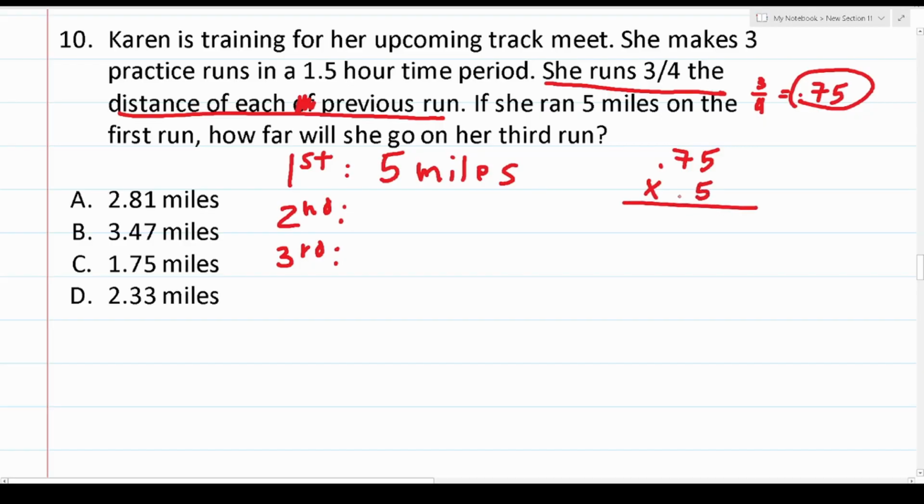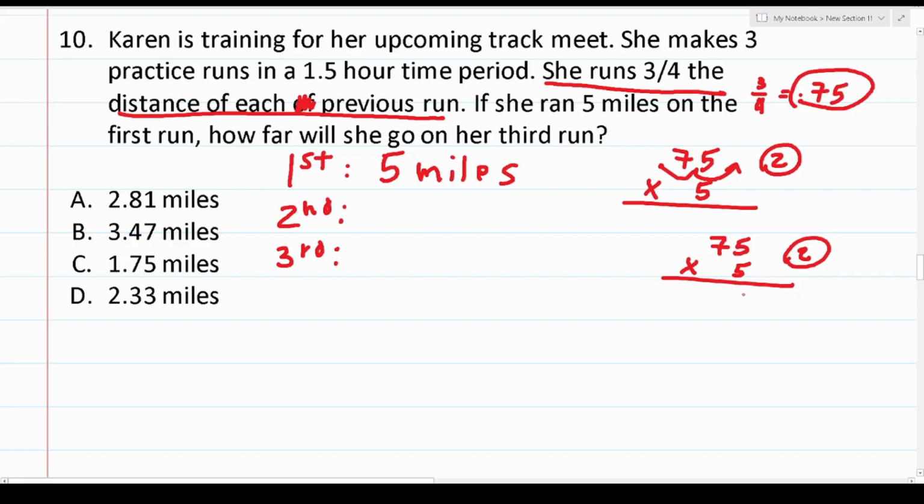And as we know, when we're working with decimals, we want to take that decimal place and shift it however many times we need to the right to get rid of it. In this case, to make 0.75 into 75, we shifted it 2 times to the right. So this is going to be 75 times 5, albeit with 2 decimals to shift back into the left at the end. So let's work this out.